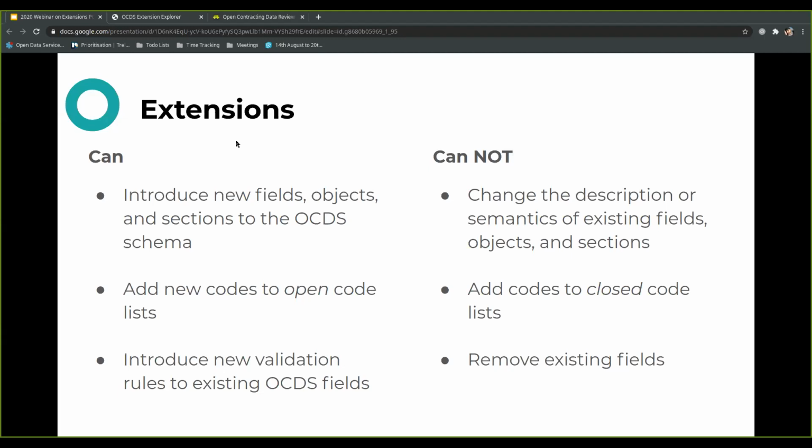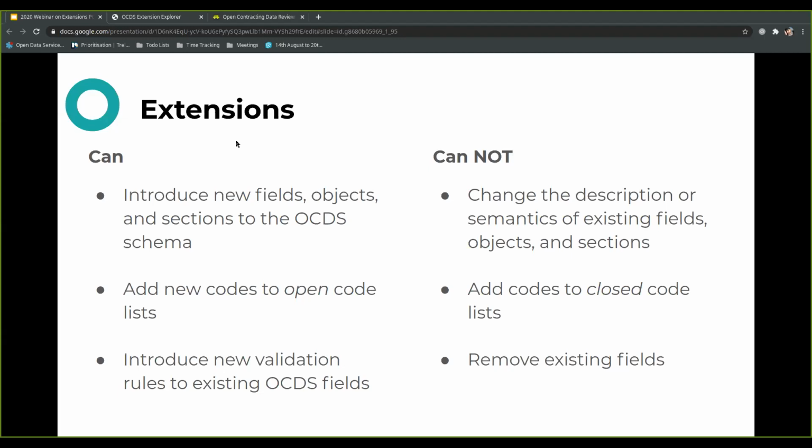To give some examples, an extension can introduce new fields, new objects, and new sections to the schema. But what it cannot do is change the description or change the semantics of existing fields, existing objects, and existing sections.